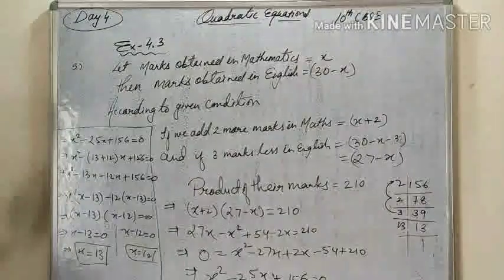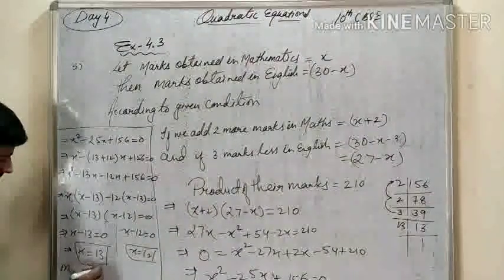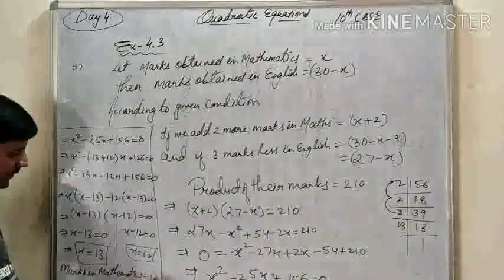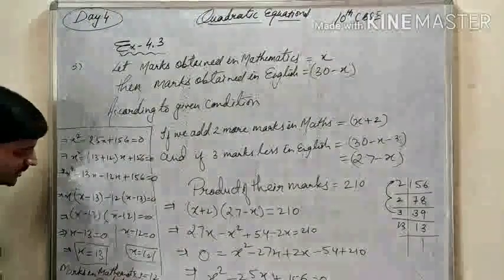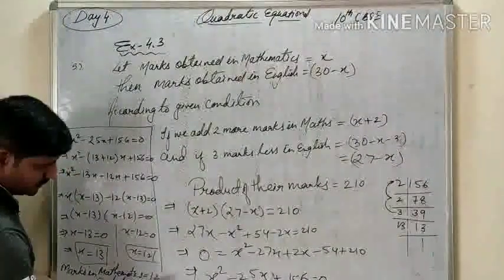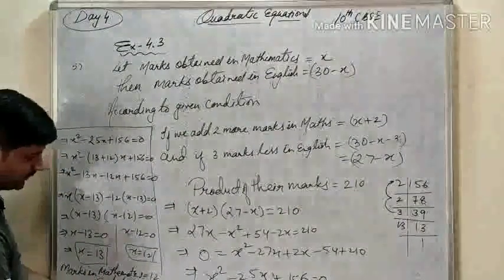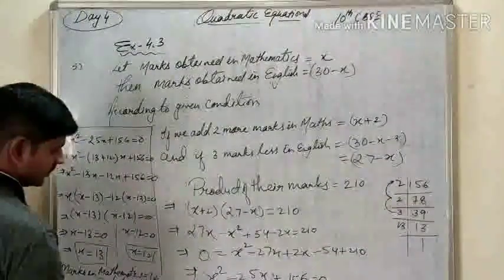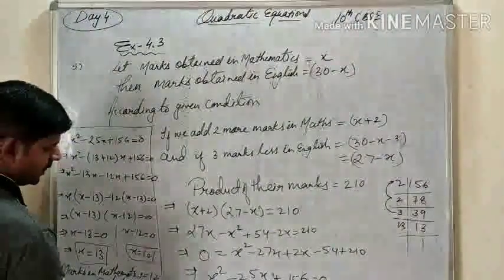So we can say the marks in mathematics will be 12 and marks in English is 30 minus x. 30 was the total, so if we subtract 12, there will be 18 marks.